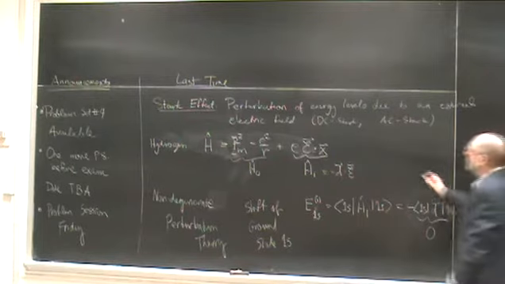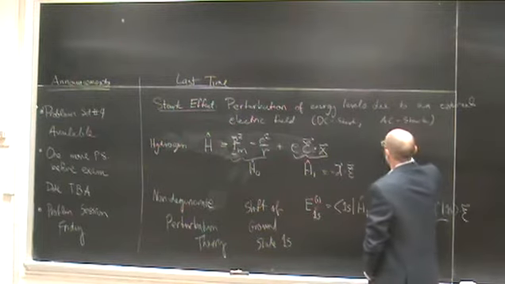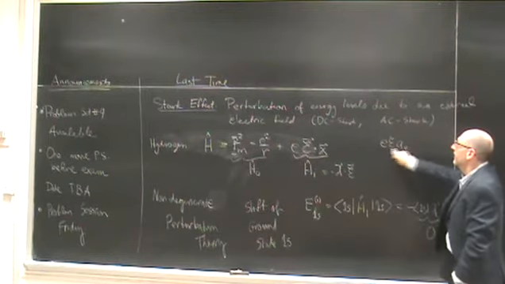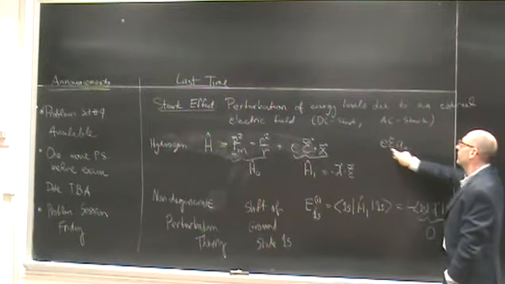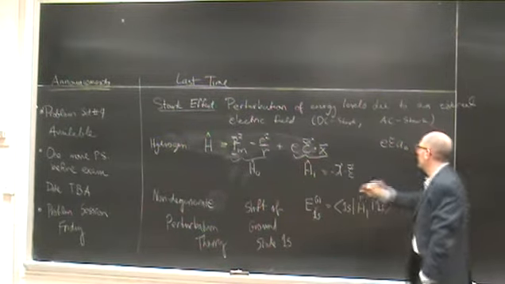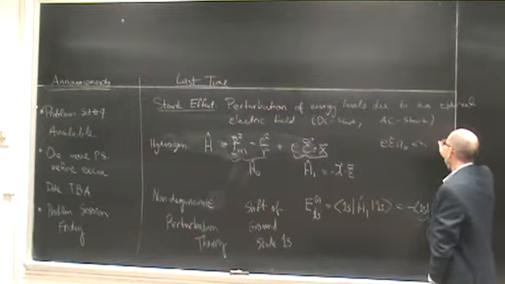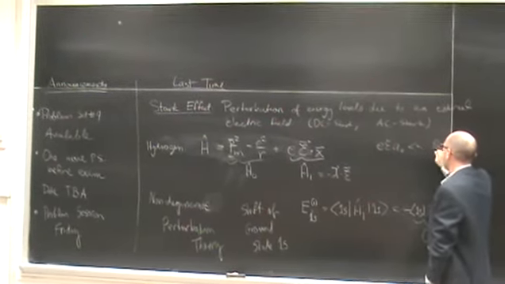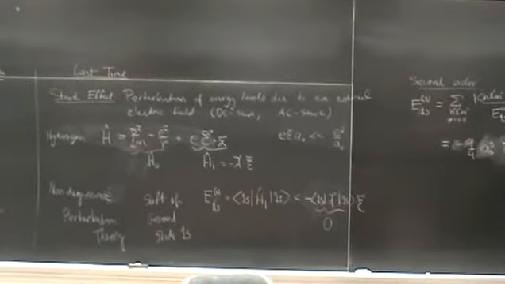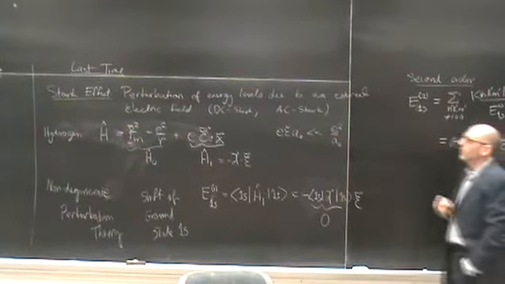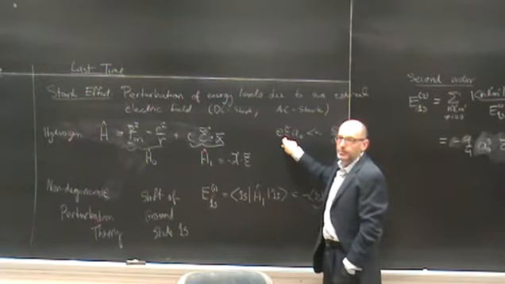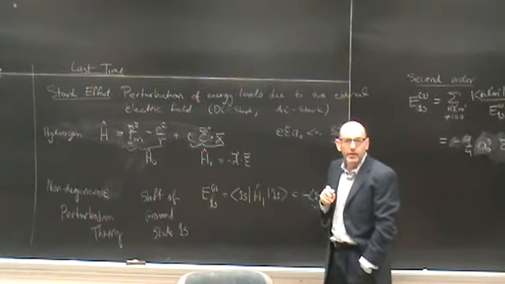And this is a perturbation when the energy scale associated with the perturbation is small compared to the energy scale associated with the internal binding. Okay? So we're going to put some limit on E. When E is too big, this is not a perturbation anymore.